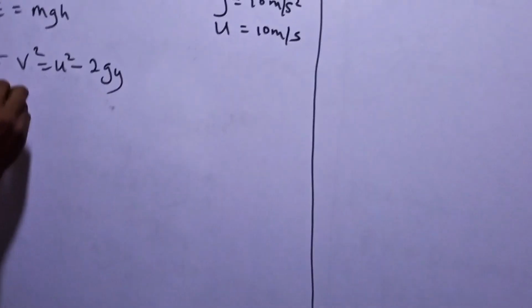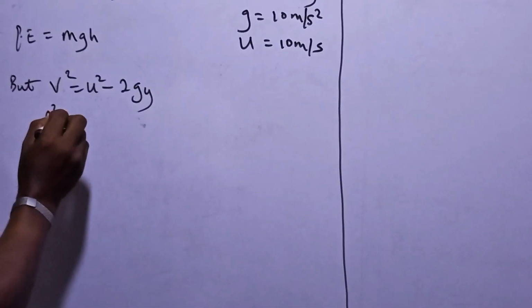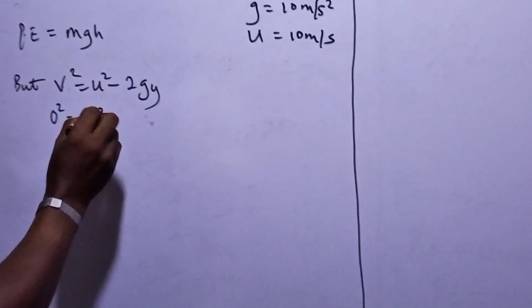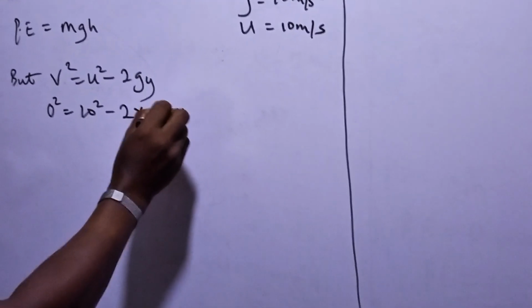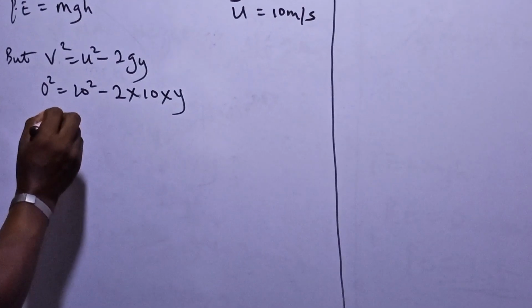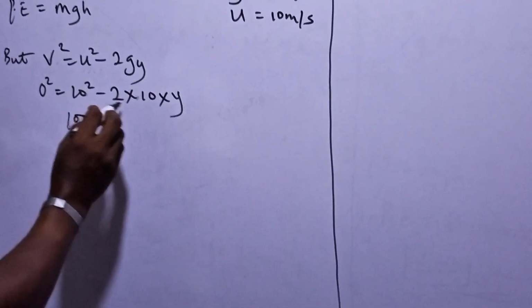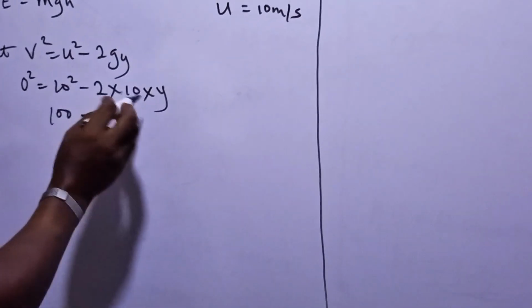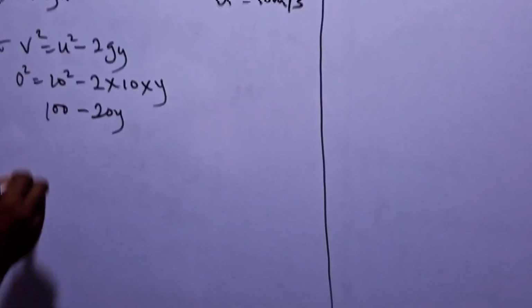Substituting v here is 0 because it's not given, v square equals u square minus 2 times 10 times y, which is the height. 10 square here is 100 minus 2 times 10 is 20, and 20 multiplied by y becomes 20y.